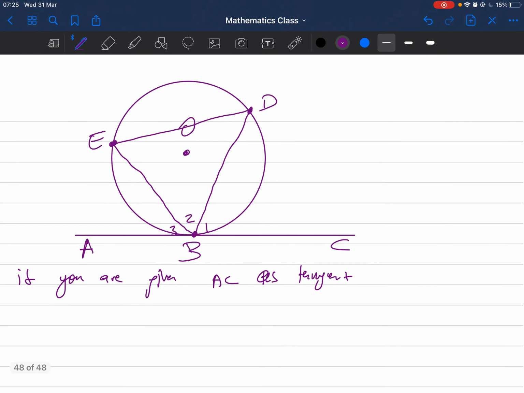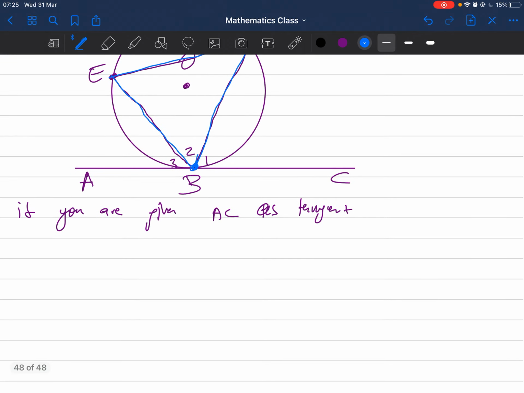Then you have this triangle here that touches the tangent at point B, and if this triangle touches the point B, then angle B1, which is this angle B1, is equal to angle E, which is this angle.